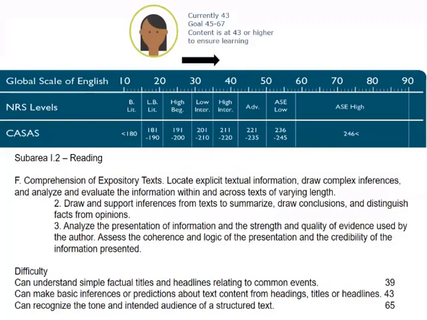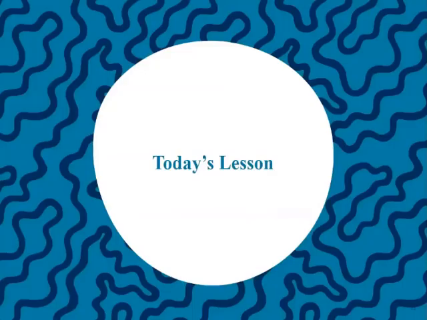For those of you who might be working with English language learners, this aligns very well to English language learning skills, like understanding factual titles and headlines, making basic inferences and predictions, and recognizing tone. So this is a lesson you could use with just for literacy for education, and if you have some students who are also language learners, this would be a great lesson for those students as well.